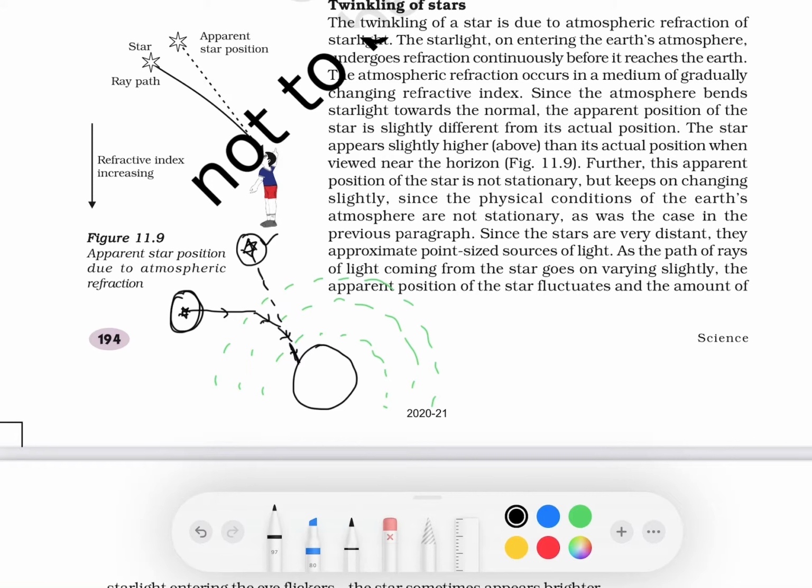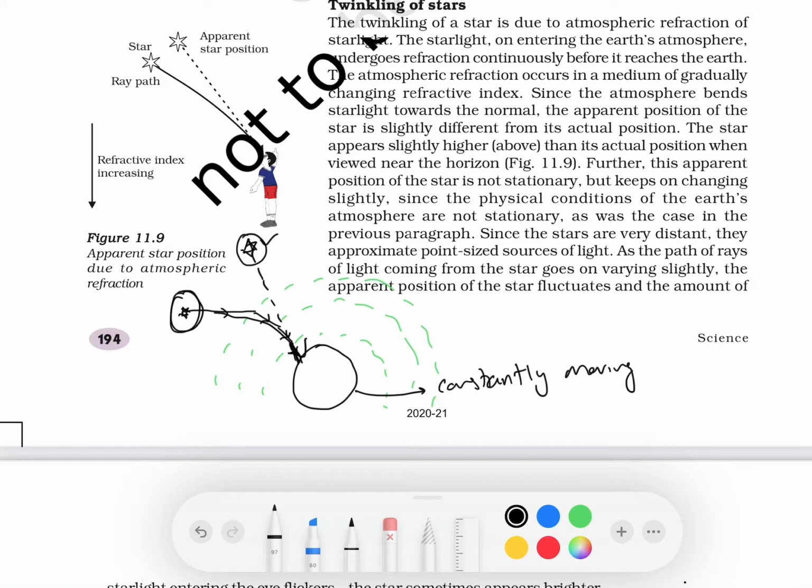Also Earth is not stable, right? It is continuously in motion, constantly moving. Along with it, a particular ray of light would not come to your eye constantly for say 1 minute, 2 minutes or 10 minutes.